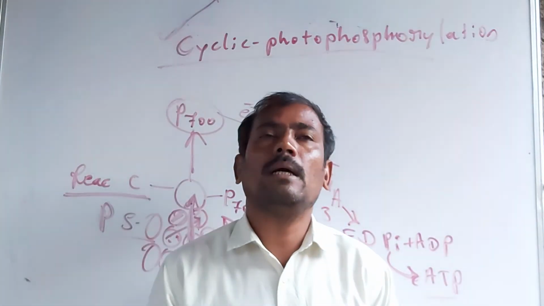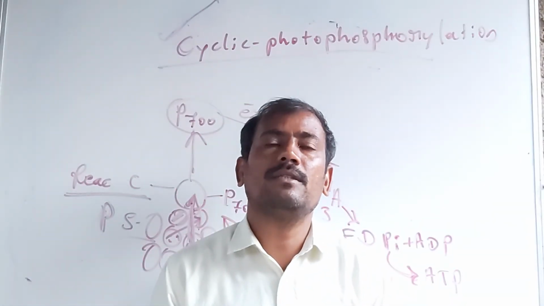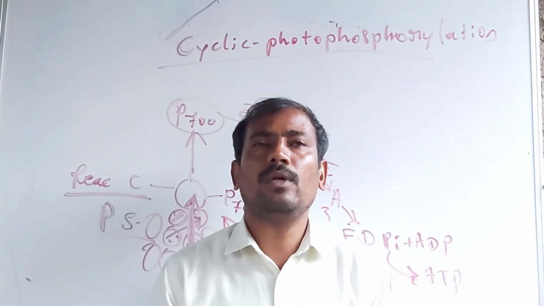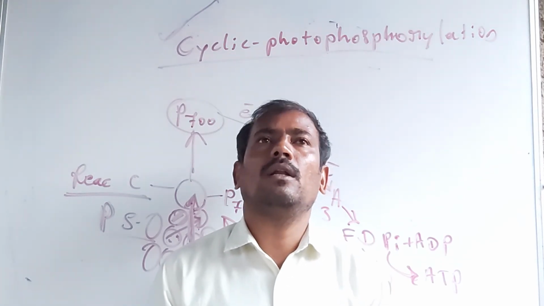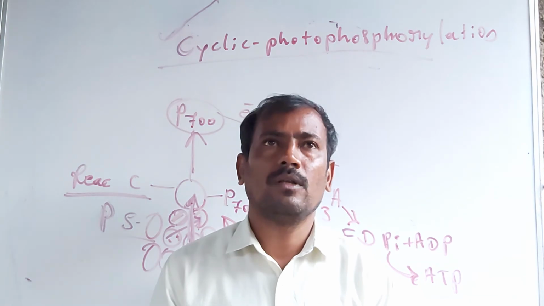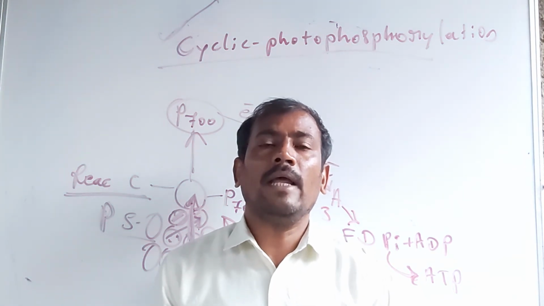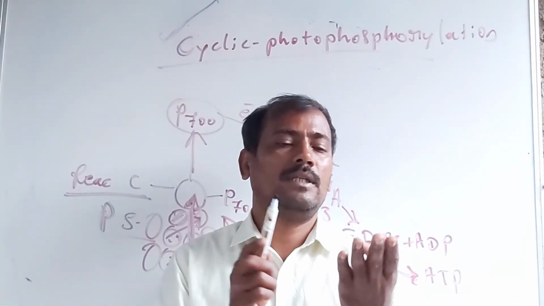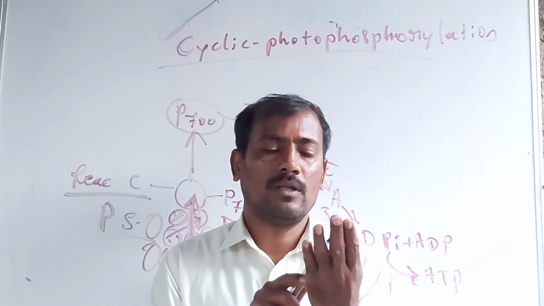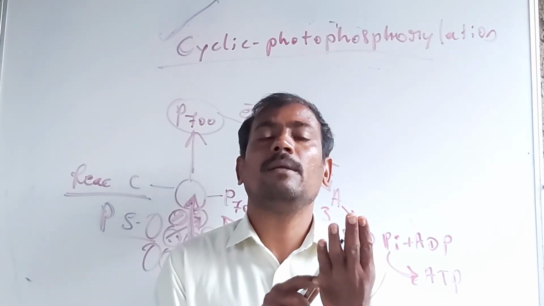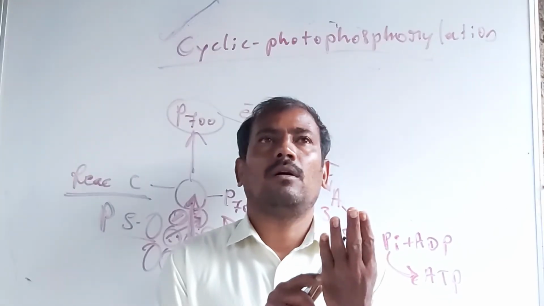This completes the study of the light reactions of the photosynthesis. We discussed a lot about the light reactions of the photosynthesis. Light reactions of the photosynthesis take place in the presence of light. These are light dependent reactions.